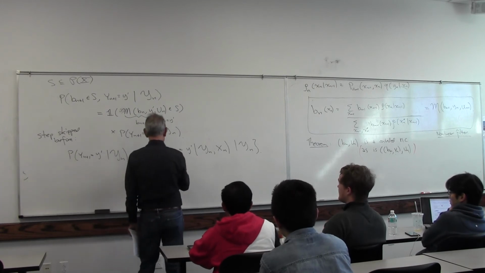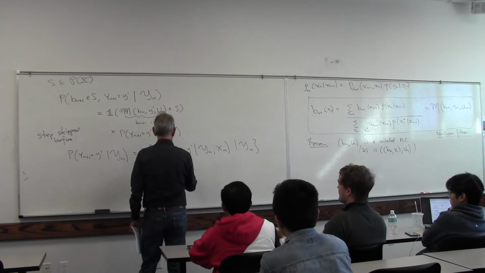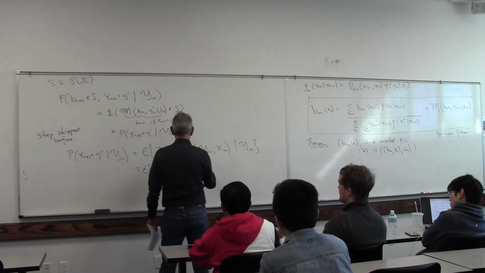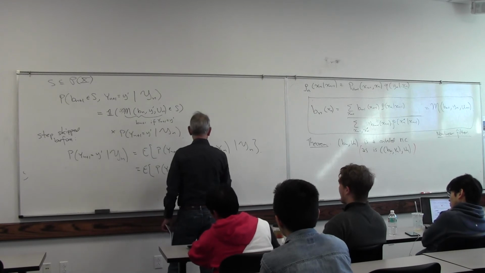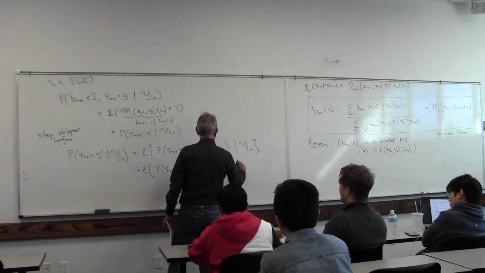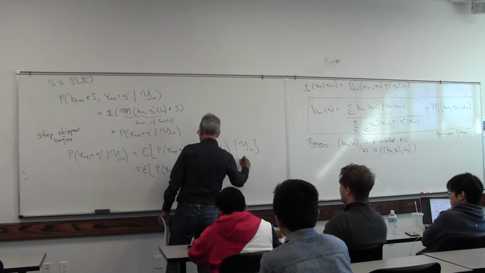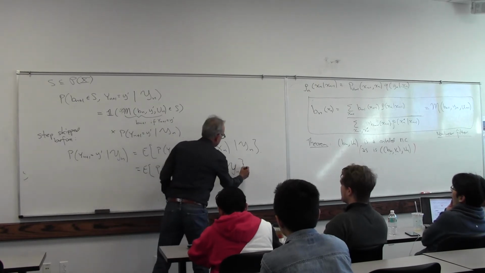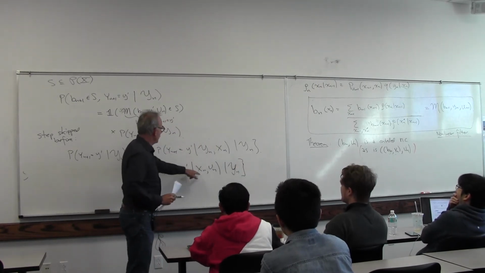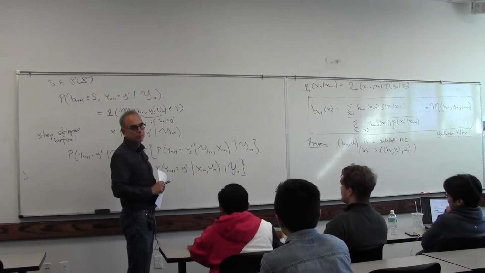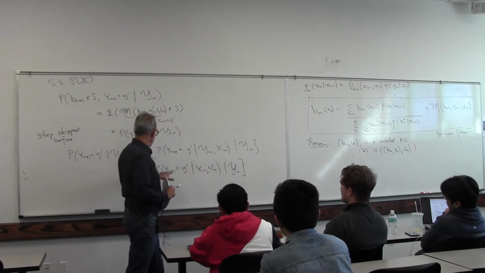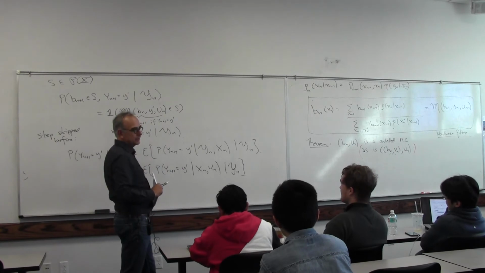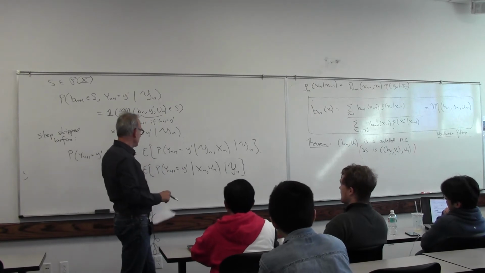So it's the probability that Yn plus 1 equals Y prime, given just Xn and Un. So from there to there is just the controlled Markov chain property. The fact that all I need is Xn and Un to predict the next stuff one step later.